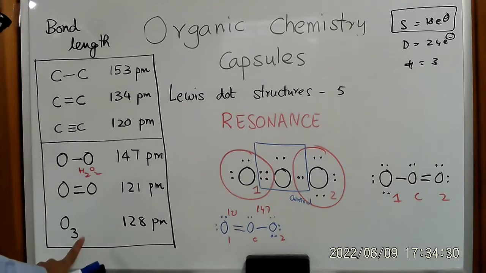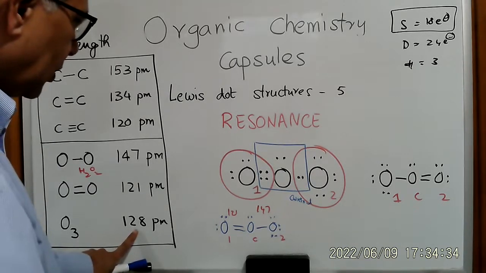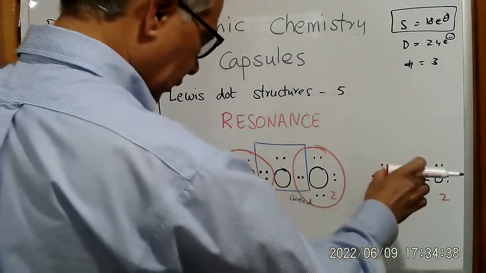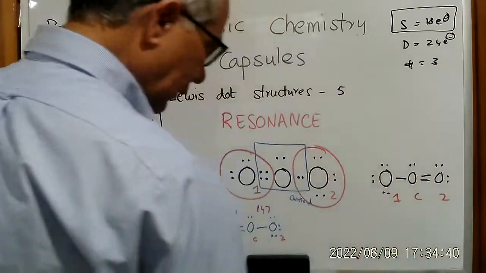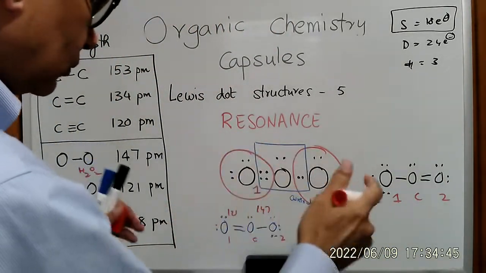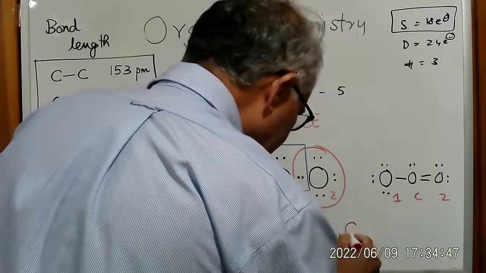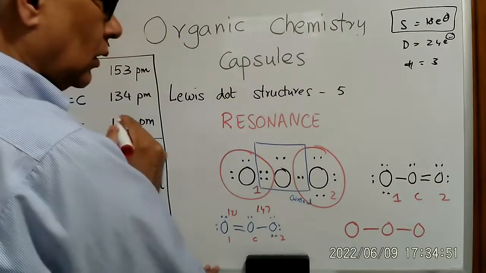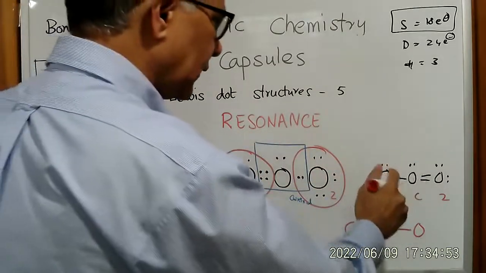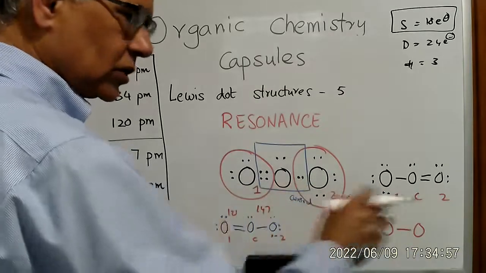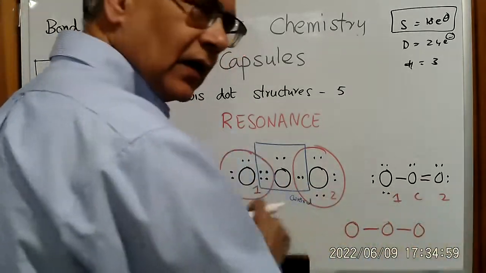But the experimentally determined bond length in ozone is 128 picometers. So it cannot be either this or this. So it must be a hybrid, which means there are the two bonds there, oxygen, oxygen, oxygen. So the double bond and the single bond are not fixed, but in constant motion, in flux.